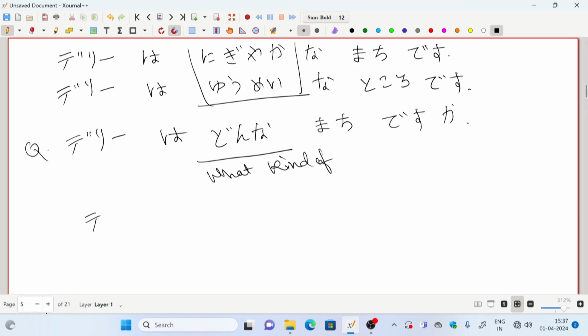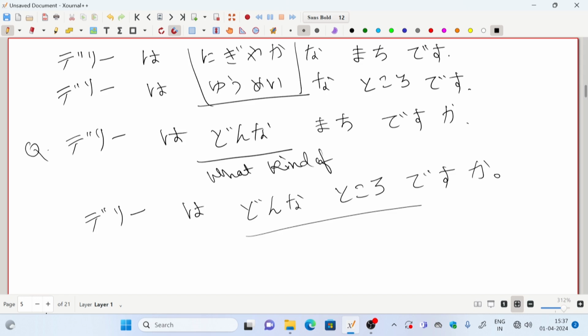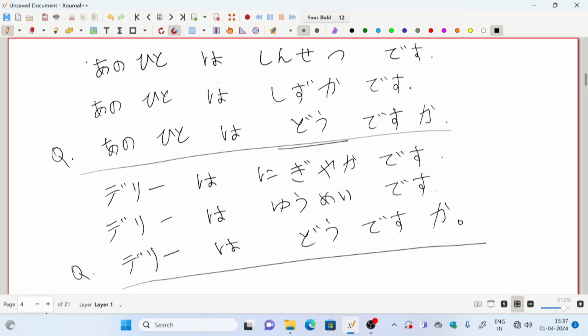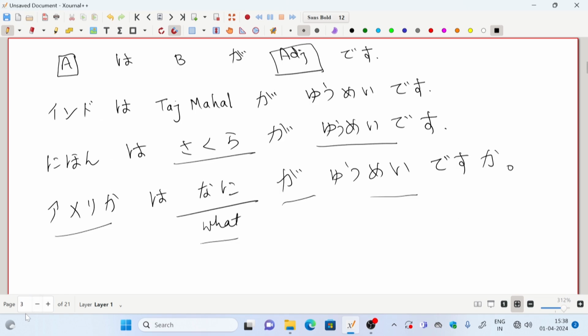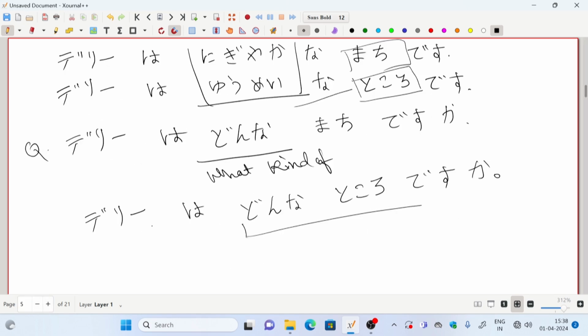You can say デリはどんなところですか？What kind of place it is. So when there is machi or tokoro coming after the adjective, we need to put donna. If the adjective is only there and nothing follows, we will just put dō. So this is how we change it into a question.